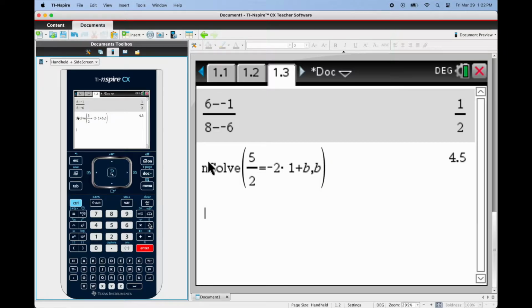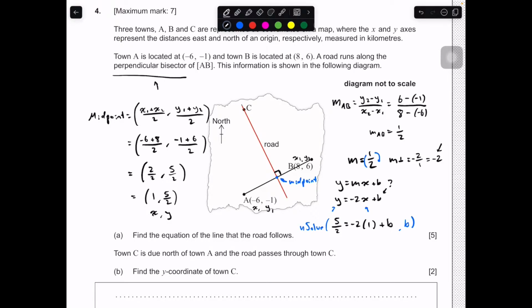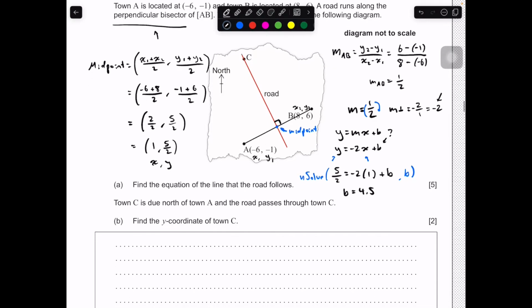And b itself is equal to 4.5. So let's go back to the document. b is equal to 4.5. So to find the equation of the line that the road follows, let's use what we have here and write this out. y is equal to -2x plus 4.5. So we found b was equal to 4.5 and our slope of -2.